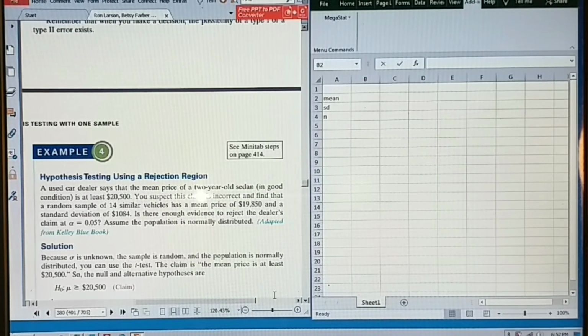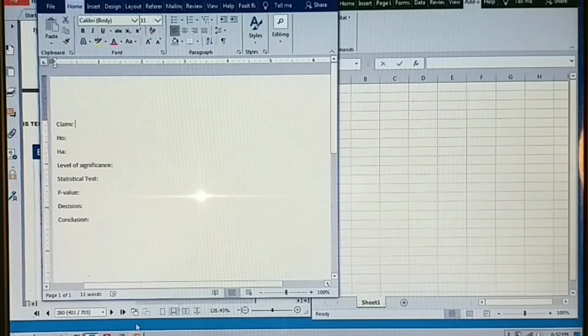Okay, so we will use again a software to analyze the given problem. Let us first write the claim. The claim was the mean price of a 2-year-old sedan in a good condition is at least $20,500.